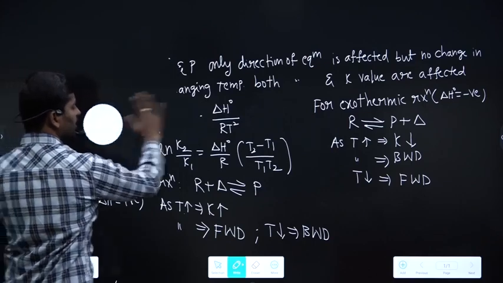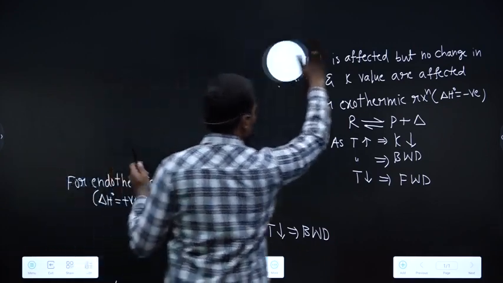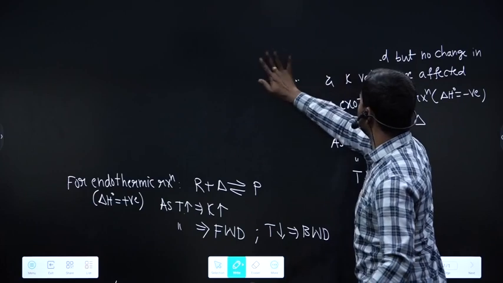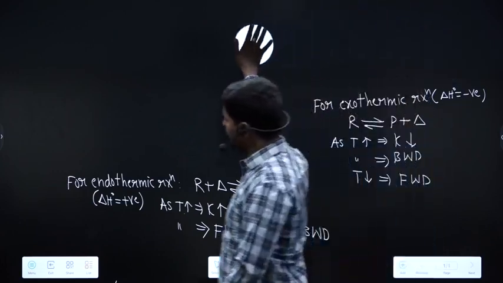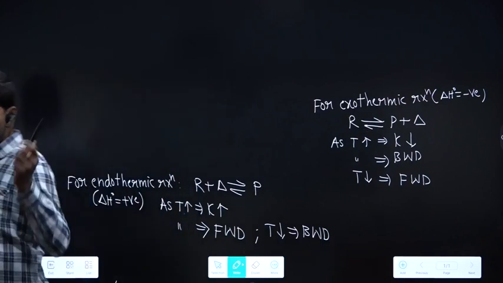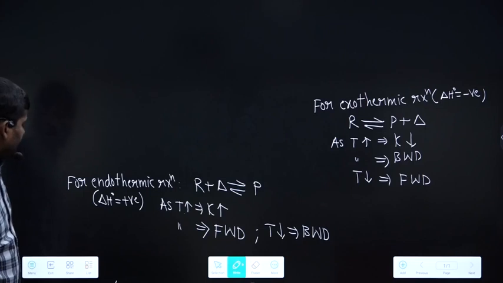So by changing temperature, not only direction is affected, but equilibrium constant value is also affected. K is a function of what? Temperature only. K is a function of temperature only, that we discussed based on the Van 't Hoff equation. Okay.